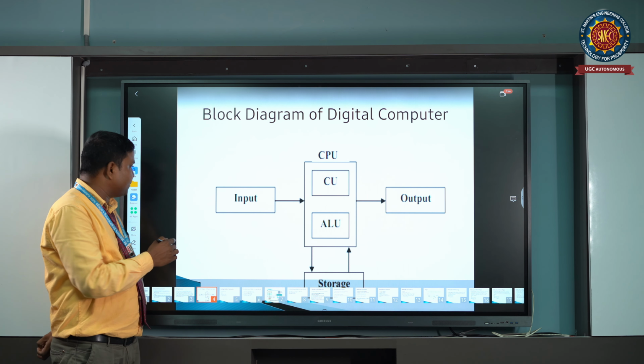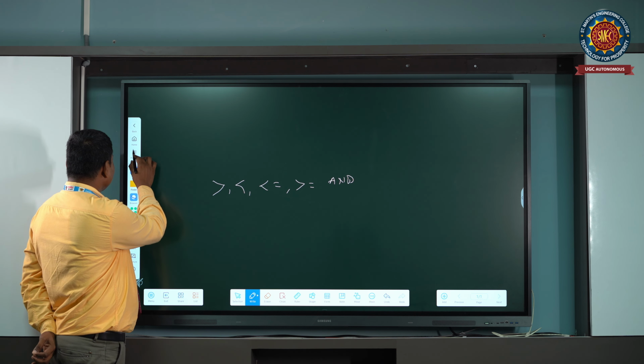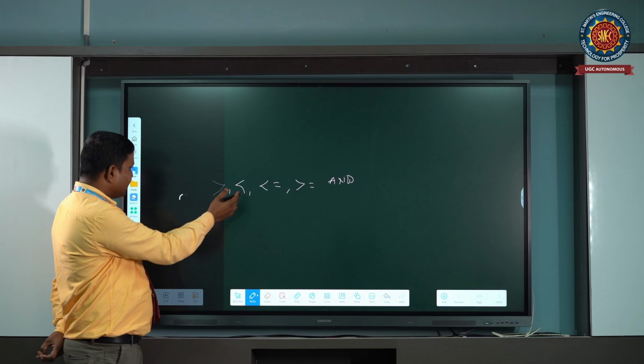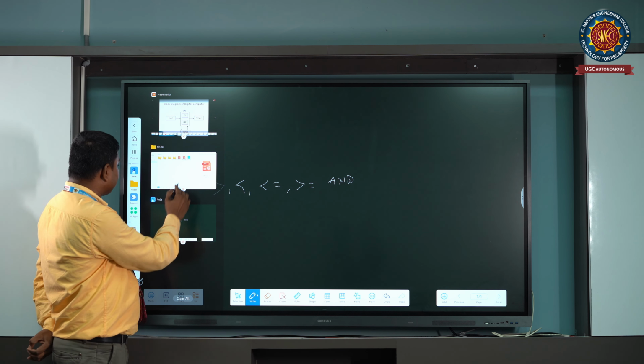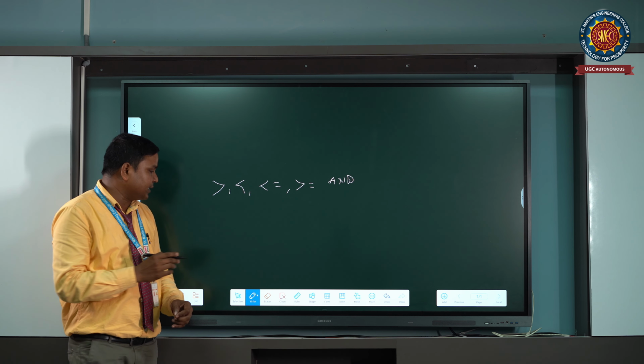Now we need to see what the different computer categories are. Basically, computers are categorized into three different categories.